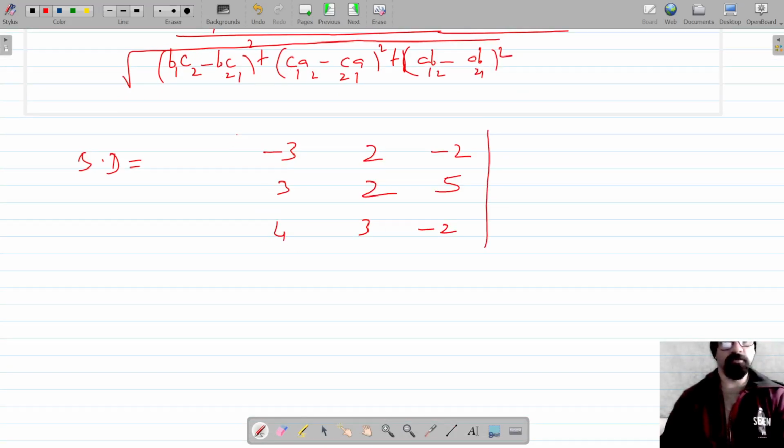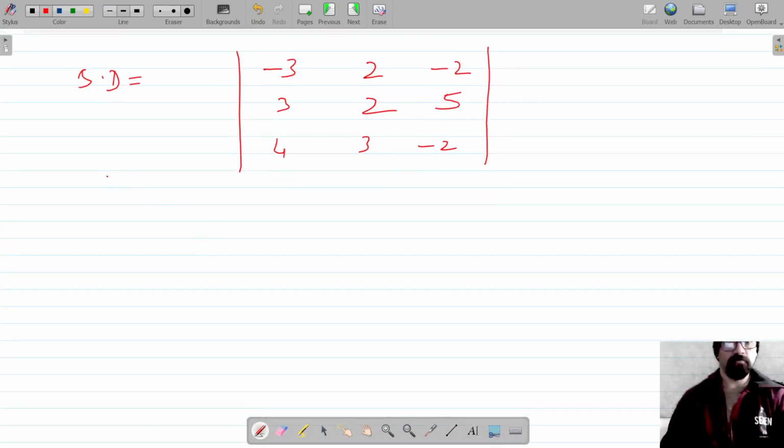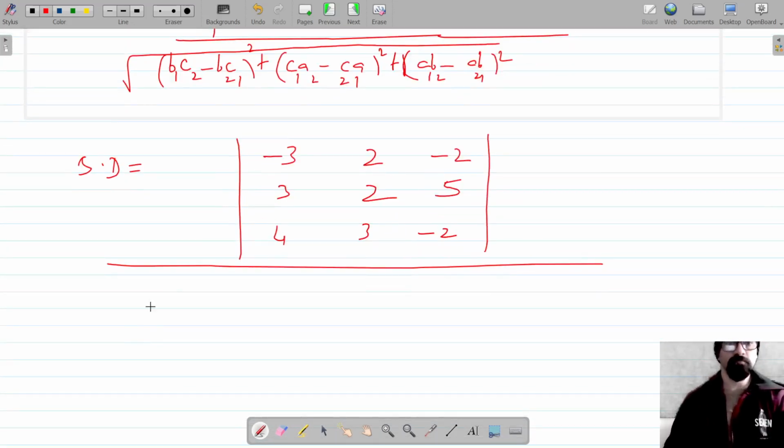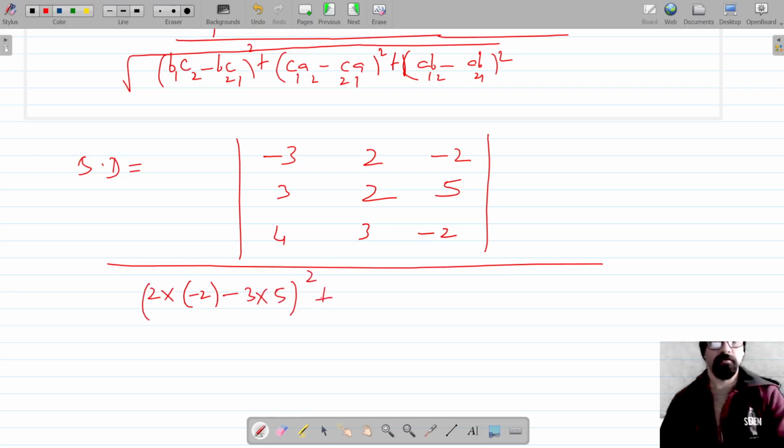We have to find the determinant of this, and this has to be divided by the square root of (B1 into C2, negative 2, minus B2, which is 3, into C1, which is 5) the whole square, plus... Okay, so 2 into negative 2, negative 5 into 3, and then 3 into negative 2.